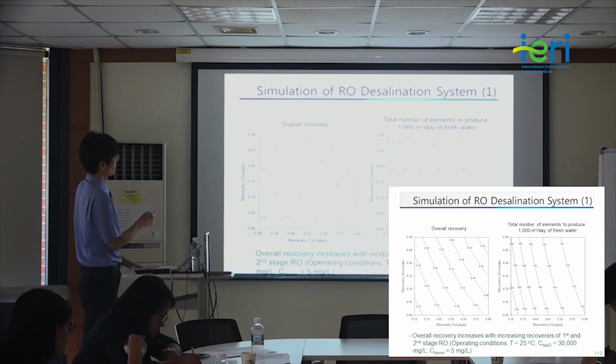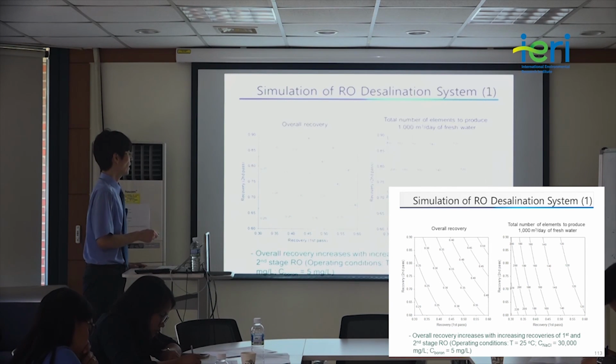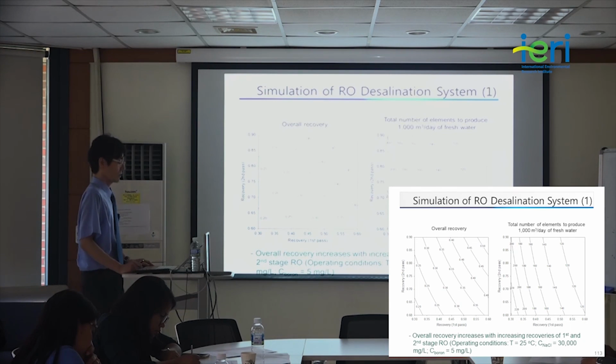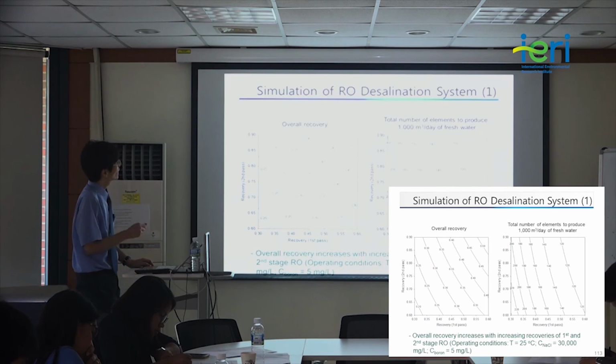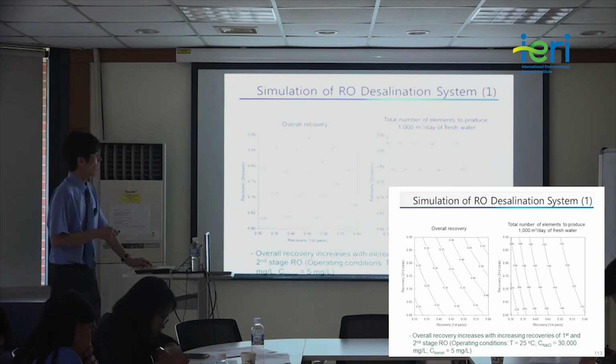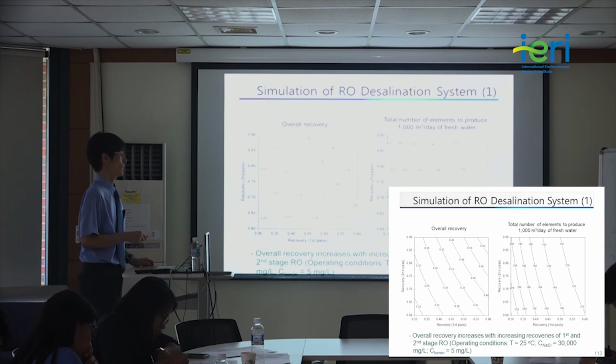So in the first graph, the recovery for the first stage and the second stage was shown in the graph with the overall recovery. So the meaning is, if you change the recovery for the first pass and second pass, the total recovery will be changed.